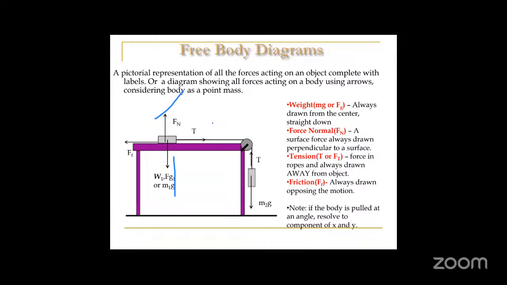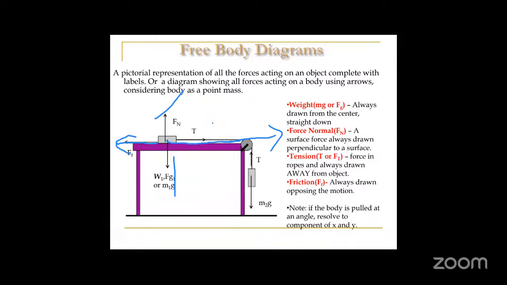Then we have the tension force, because this object is being pulled with the help of a rope. So the tension force is acting to the right. And when the object is moving towards the right, there will be an opposing force, which is the frictional force, to the left.